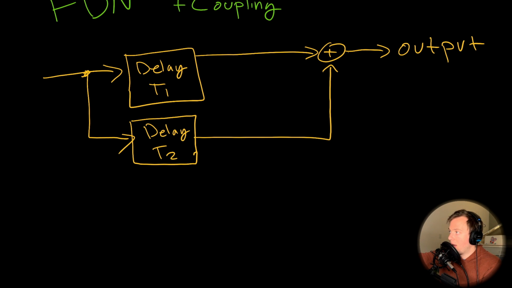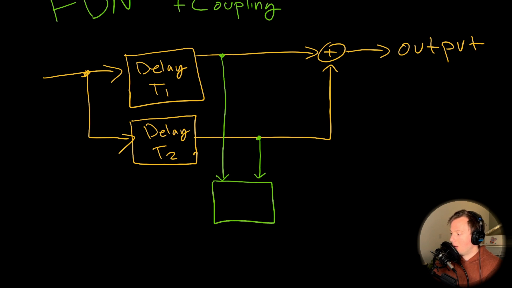The feedback path, though, is where this gets potentially a little complicated, but it's not too bad, I promise. We're going to tie in to both of our delay outputs and put them into what is called a feedback matrix. I hope it does not intimidate you, because I promise it is not that complicated.